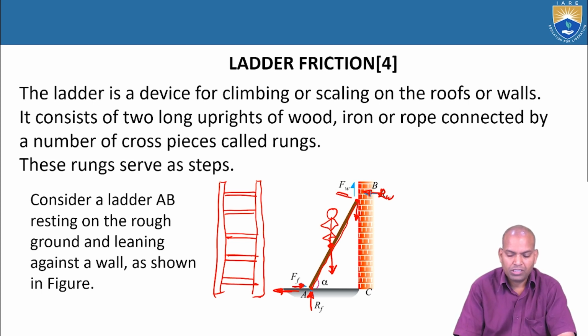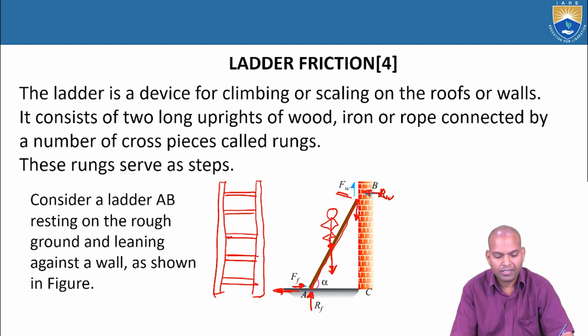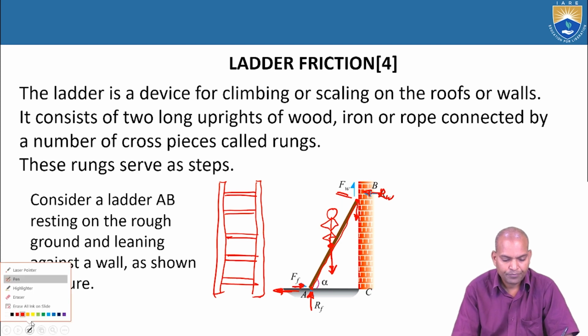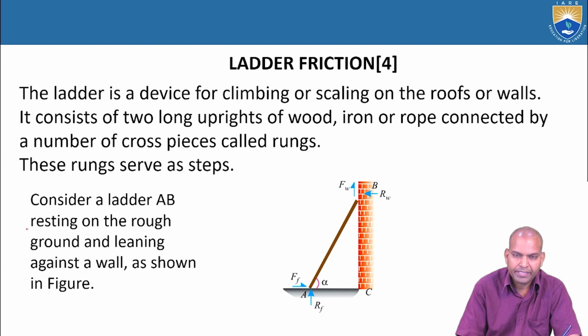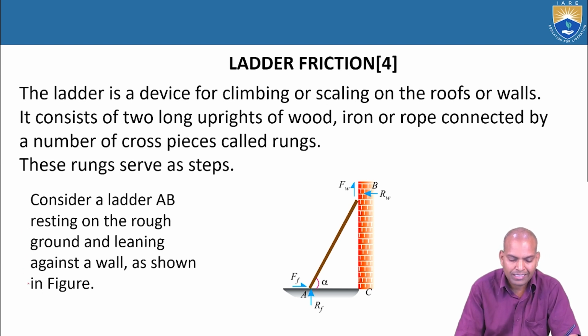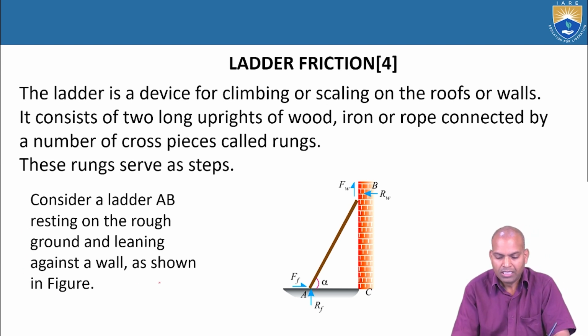These frictional forces and the normal reactions are useful to calculate the coefficient of friction. Now let me describe ladder friction in more detail. Here, consider a ladder AB resting on rough ground and leaning against a wall, which is shown in the figure.